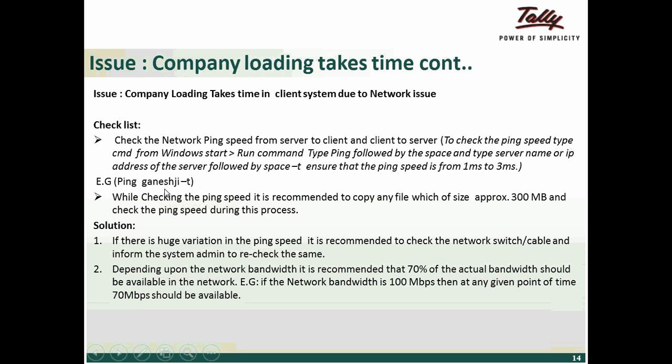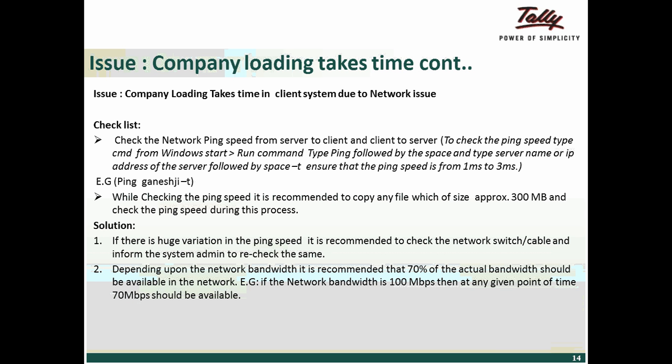If there is any huge variation, you can also check depending upon the network bandwidth. It is recommended that 70% of the actual bandwidth should be available in the network. How can you check these things? There are a lot of network monitoring tools available on Google, and you can check the network bandwidth and read-write speed.